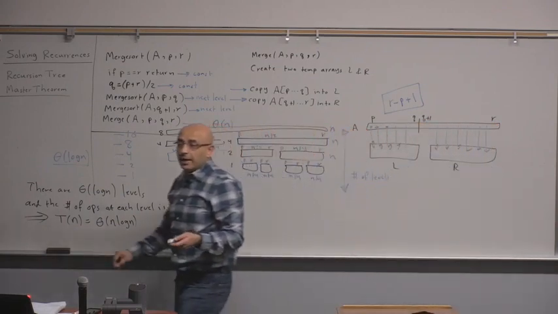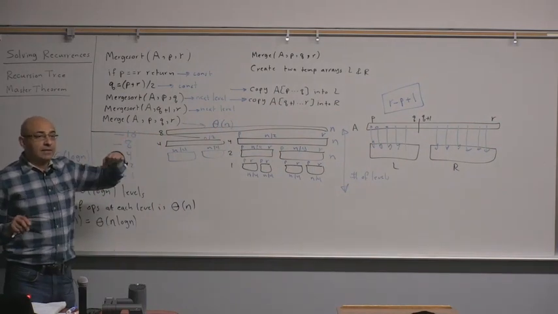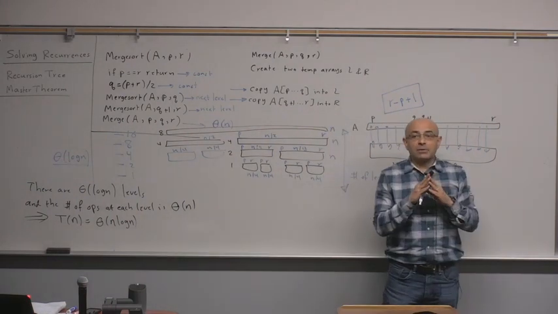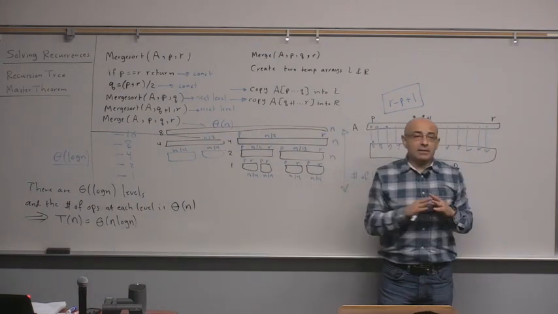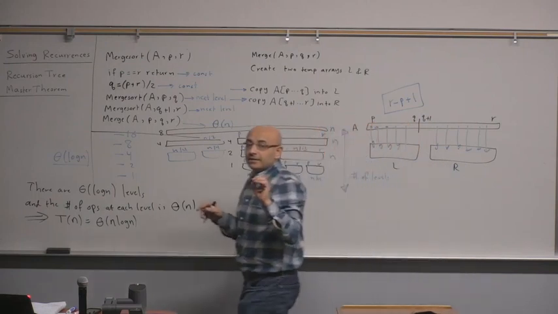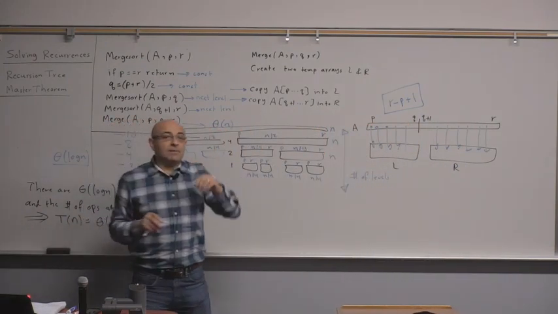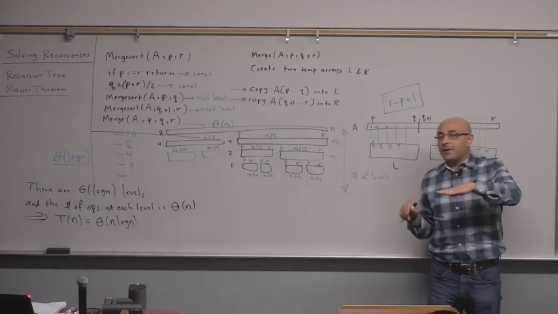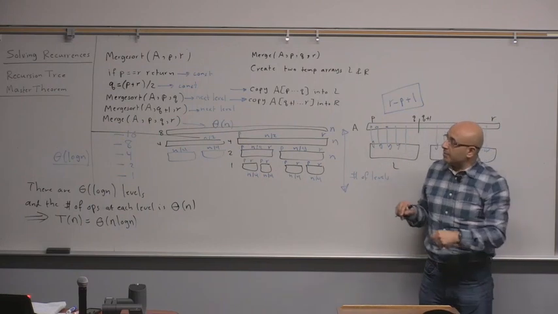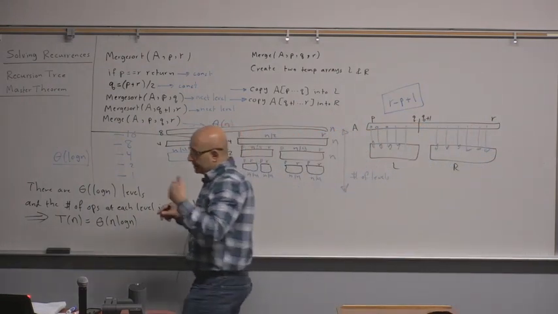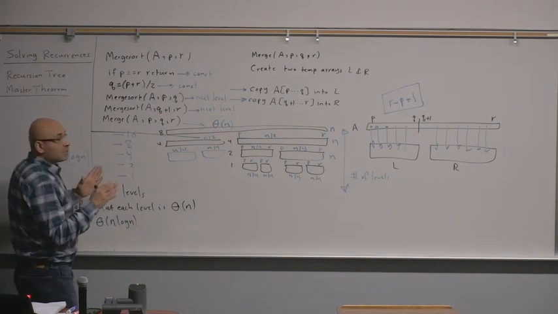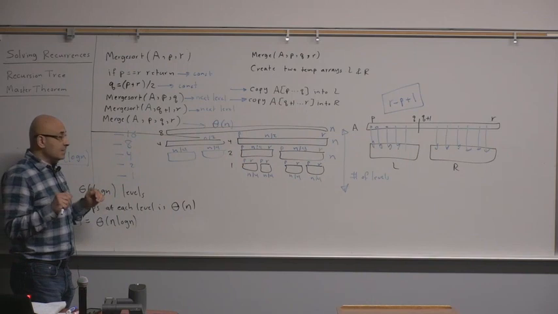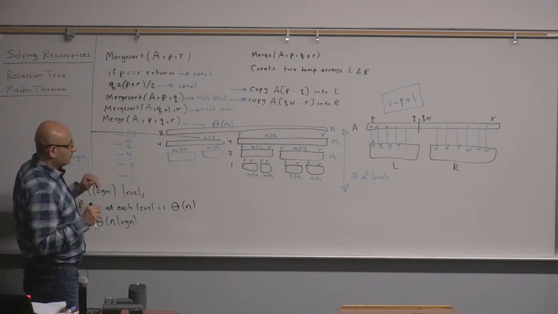So we will be trying to count the number of levels and count the number of operations at each level. But some of the algorithms are going to be harder than this because the number of operations at each level is not going to be the same. So each level is going to have a different number of operations. The number of operations at a certain level will be different from the number of operations at the next level, and so on. What makes merge sort easy to analyze is that the number of operations is the same at all levels.